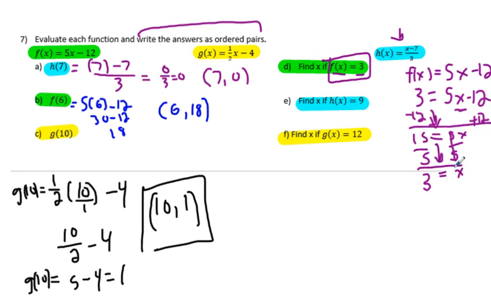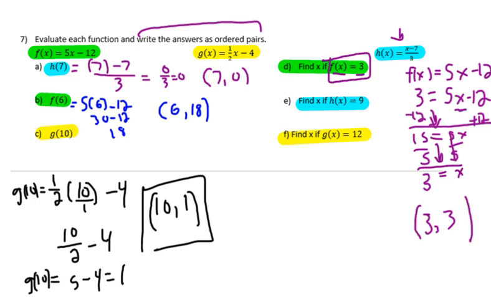I'm going to plug that back in just to check. 5 times 3 is 15, take away 12 is equal to 3. So that is good. So the ordered pair for D would be 3, 3. When f of x is 3, x is 3.